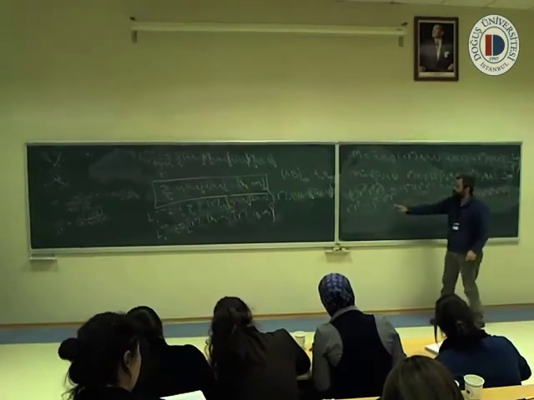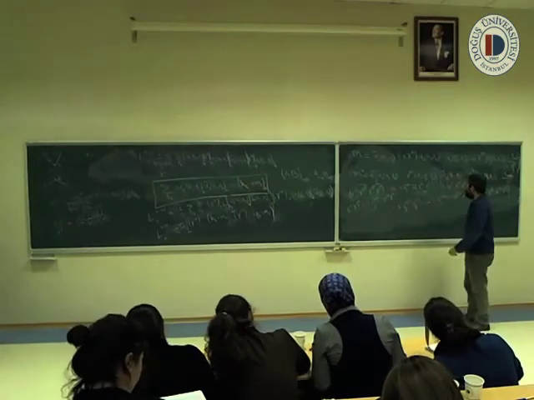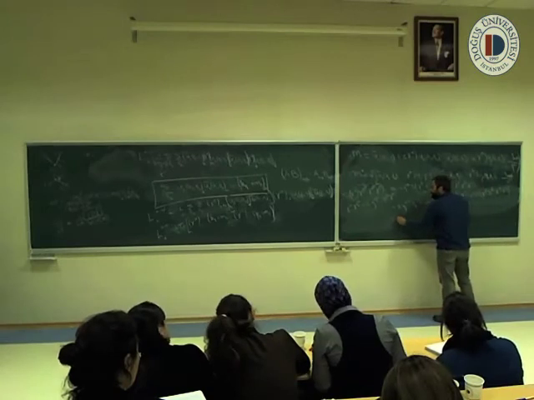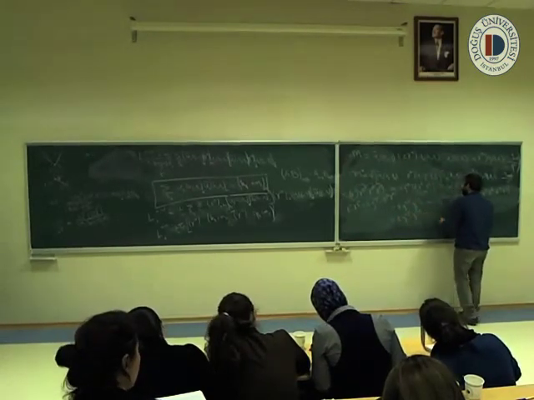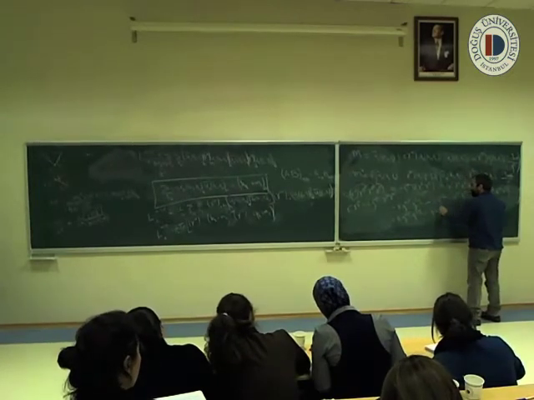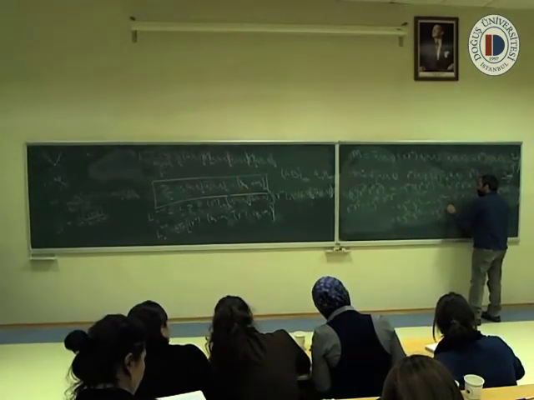I have a minus over here, another minus from here. This is equal to 8 G alpha beta, G delta eta, minus 8 G alpha delta, G beta eta.